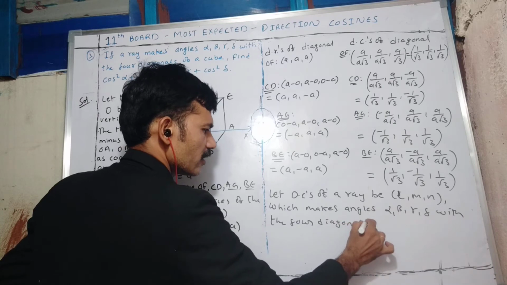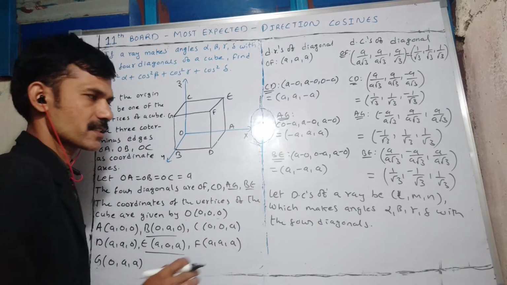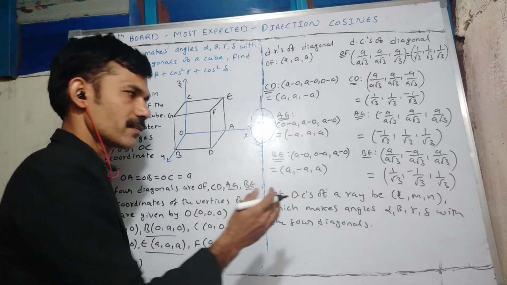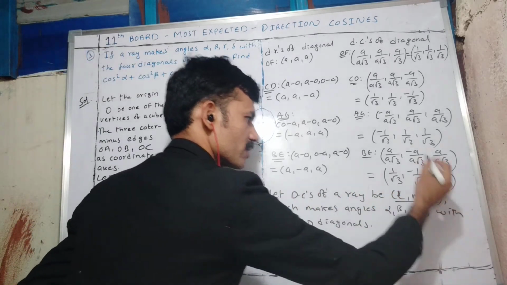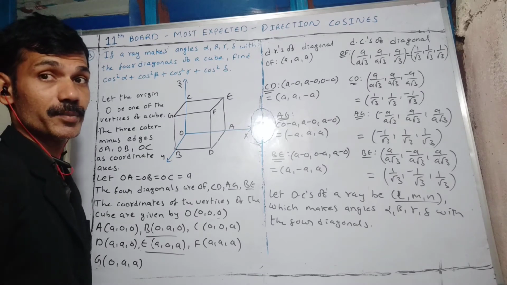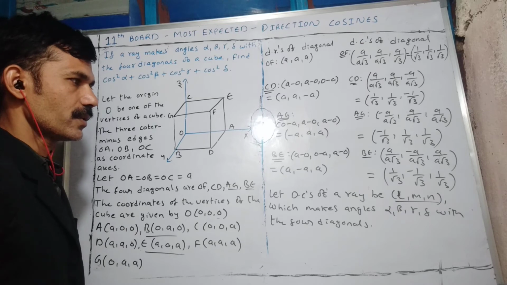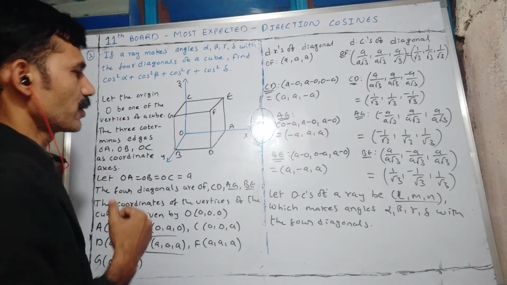See, they are telling some ray is there which makes angles alpha, beta, gamma and delta with the four diagonals. We thought that ray is having these direction cosines. Okay, we have to find cos alpha, cos beta, cos gamma, cos delta. That's why we are doing it like this. Okay, now we'll solve the actual question.